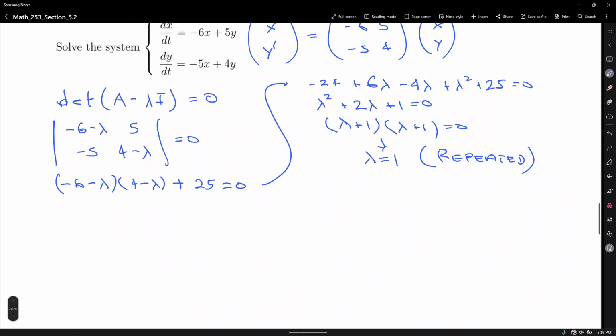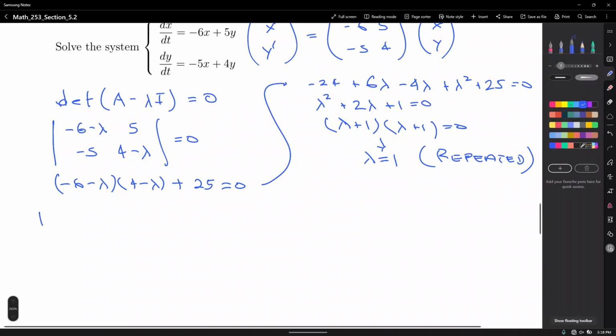So for this, let's set lambda equals 1. That equals A minus I, essentially, times k, the eigenvector, equals the 0 vector.